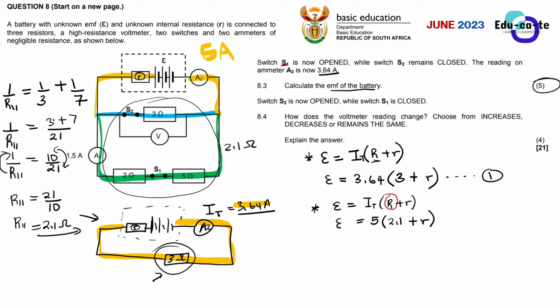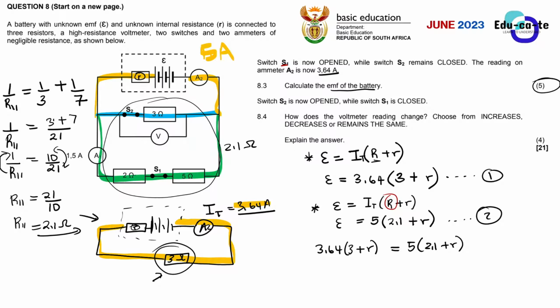But now this is a simultaneous equation, because you can see we have two equations, both equal to the same EMF. When you equate them, you can solve for the internal resistance: 3.64 multiplied by (3 plus R) is equal to 5 into (2.1 plus R).